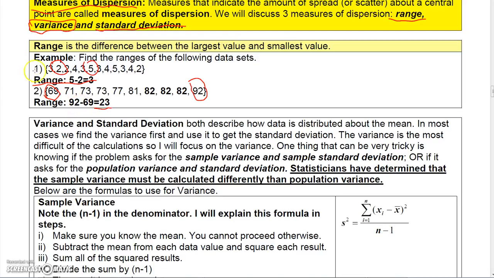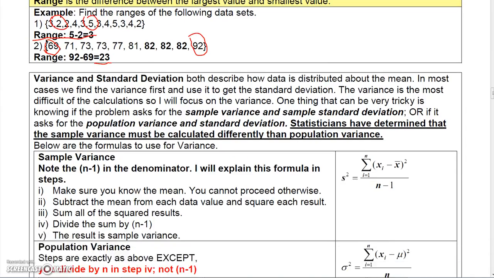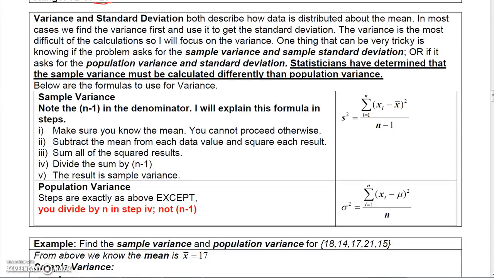Well, that would tell us something different. The set of data with the high and the low scores would have a large variance and standard deviation, whereas the data set with the scores that are close to the mean would have a smaller variance and standard deviation.